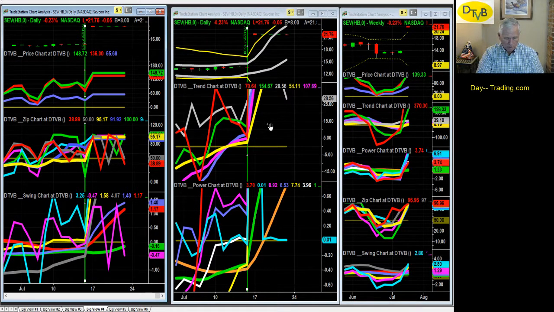Zip Red down, Zip Gray up over here in the Zip chart, and Zip Blue is at 72 and Zip Yellow is at 45. And so there's a 27-point difference, and that is divergence. Again, basically Zip Blue and Yellow run together. They're a pair, and when they do separate like this, price typically moves apart.